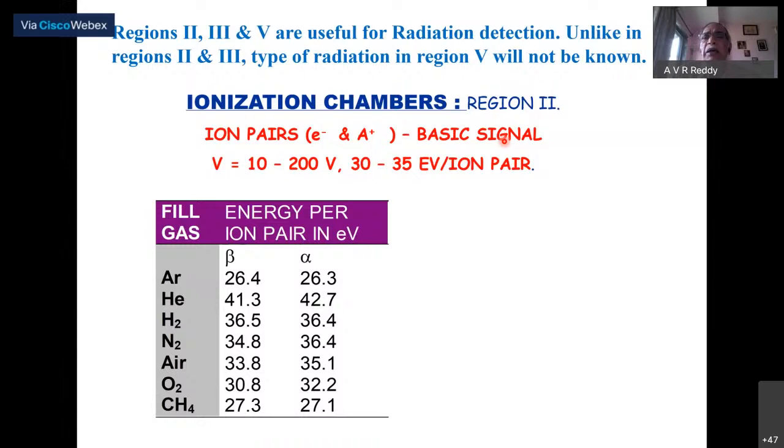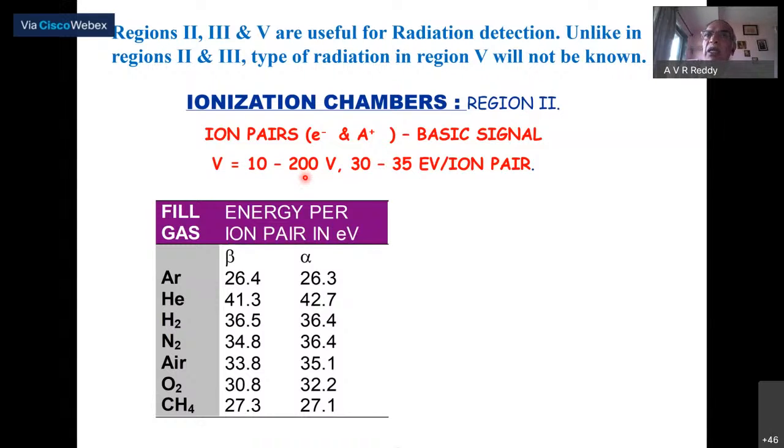So the basic signal is a pair of electrons and positive ions, but the electron is measured. Now, voltage, depending on the geometry, the electric field is important. The applied voltage gives a particular electric field depending on the distance between the two electrodes and the thickness of the anode wire. Okay, so this E should be a small e. 10 to 200 volts, depending on the configuration, one can use.